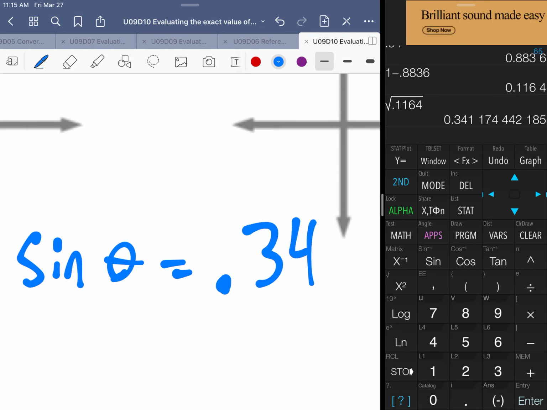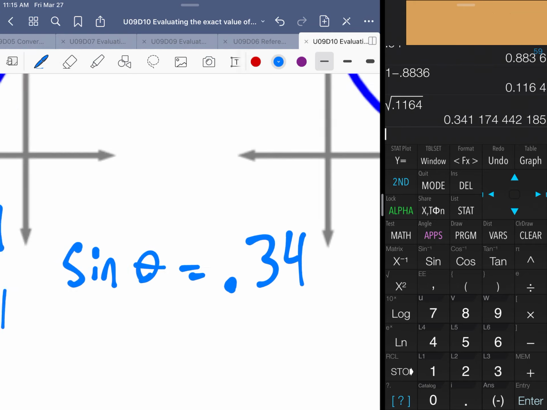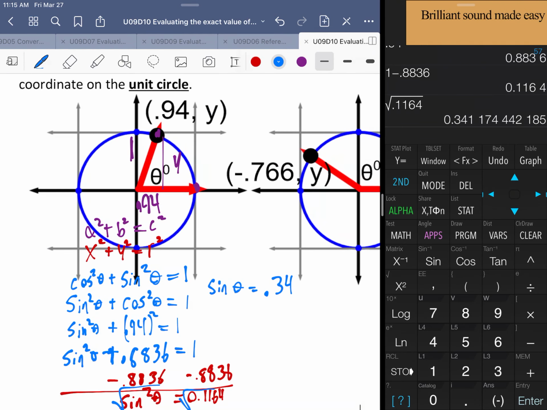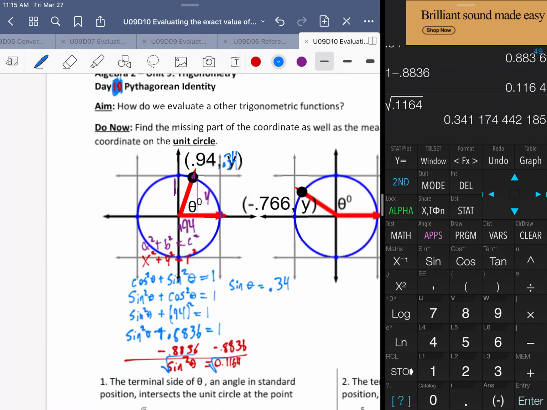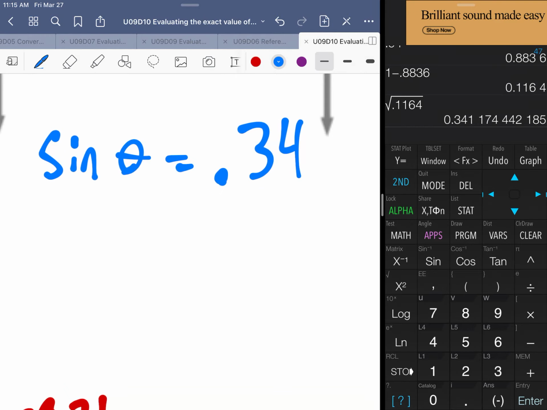I'm going to go with this because the y value is also rounded here. Obviously this is inaccurate because it's approximated. So that is our y value because y was sine, right? So that tells us that this is approximately 0.34. To find the angle, we just have to use sine inverse.